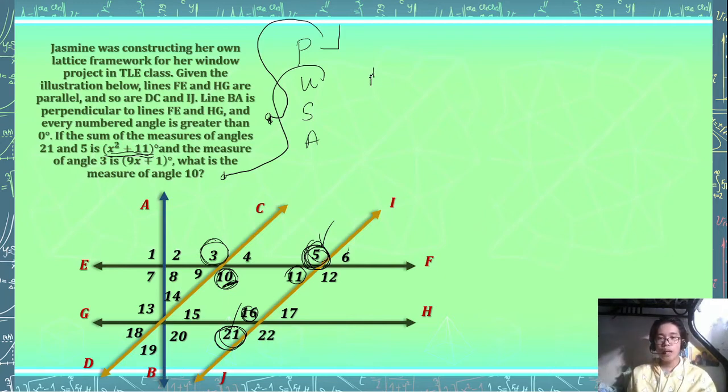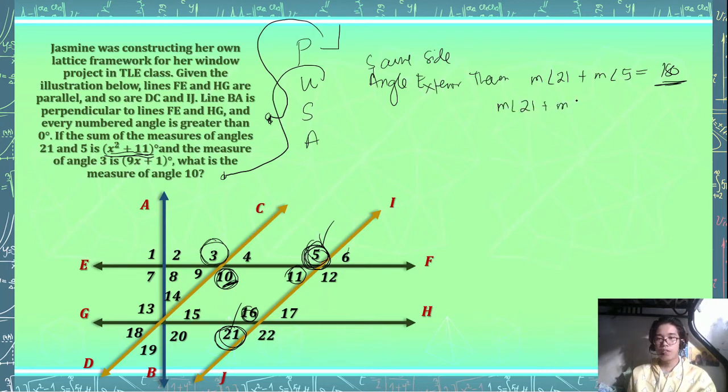So according to the same side exterior angle theorem, the measurement of angle 21 plus the measurement of angle 5 is equal to 180 degrees since they're supplementary. And we know that the measurement of angle 21 plus angle 5 is equal to x squared plus 11.